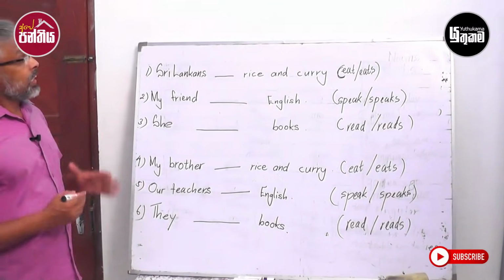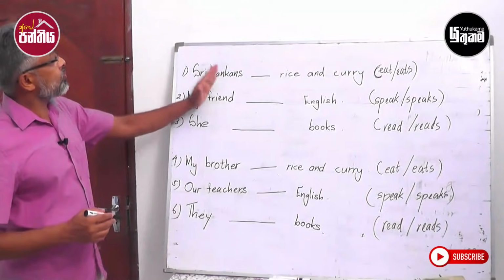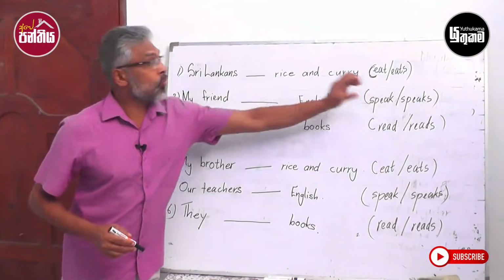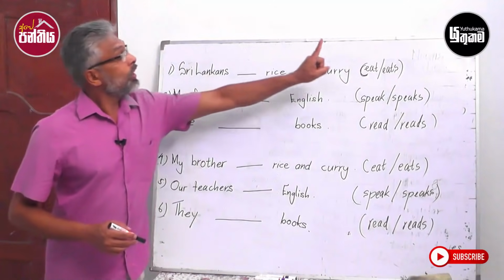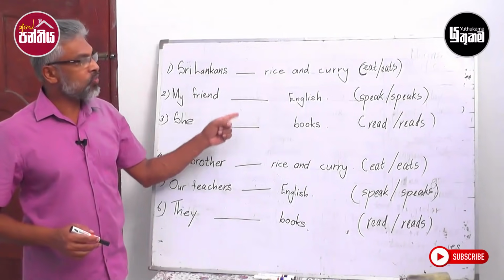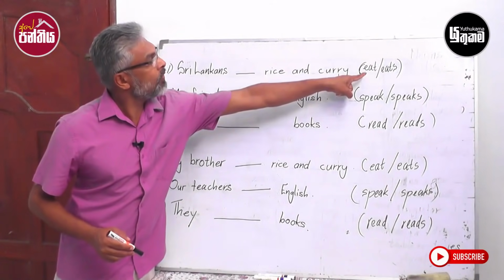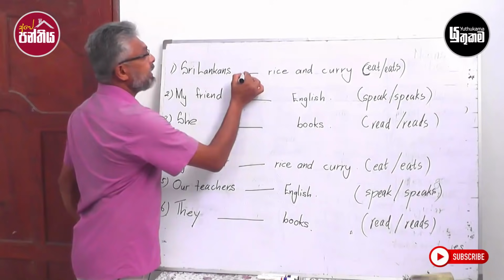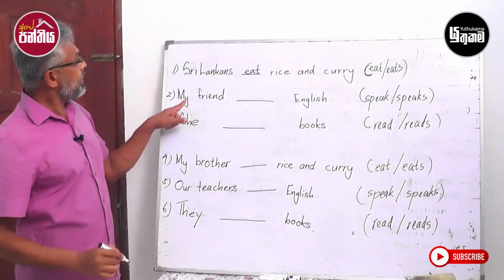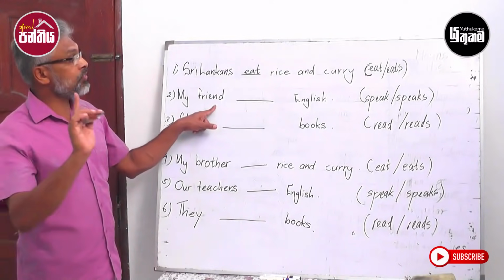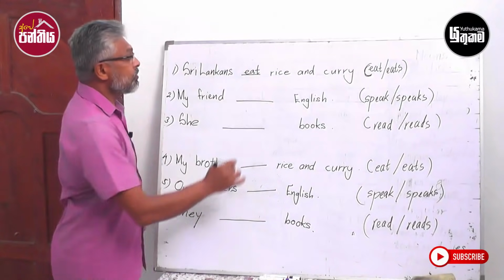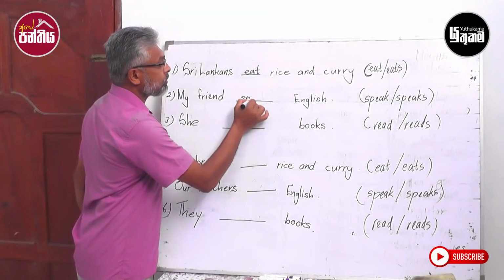All right, now look at this one, Sri Lankans. So eat or eats, so you need to remember now. Sri Lankans, the subject is plural, so you need to select the plural verb here, exactly, eat. And then here my friend, the singular subject, you need to use singular verb, speaks.